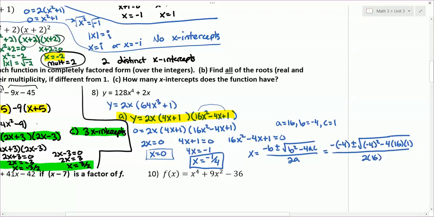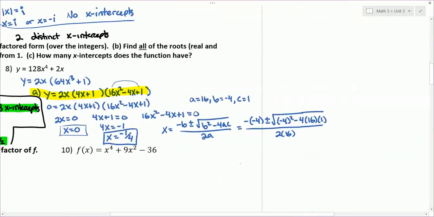As you're plugging things in, notice wherever I had a variable, the a's, b's, and c's, I plug them in and put parentheses around them. This is important, especially when you have a double negative, to help you from making any little errors. Now you simplify this. Double negative, that's going to give us a positive 4 plus or minus the square root.